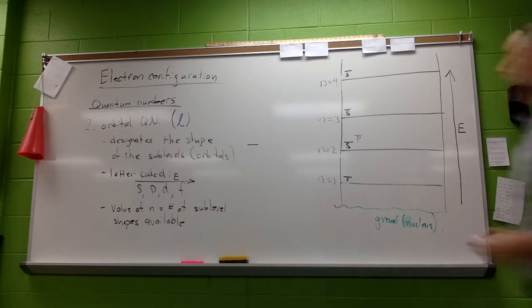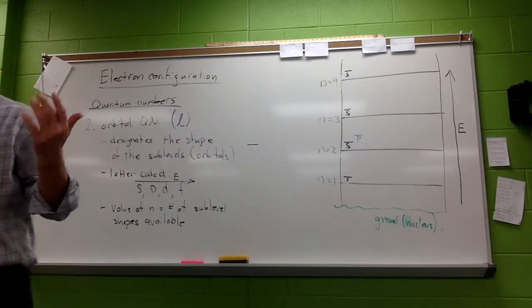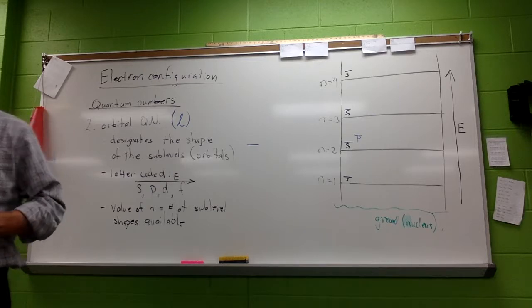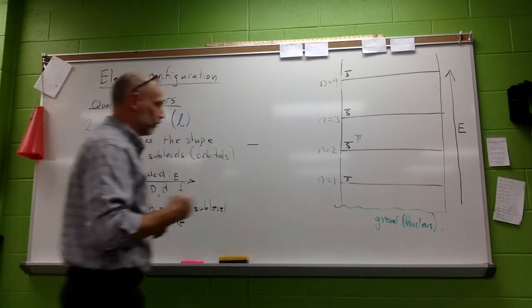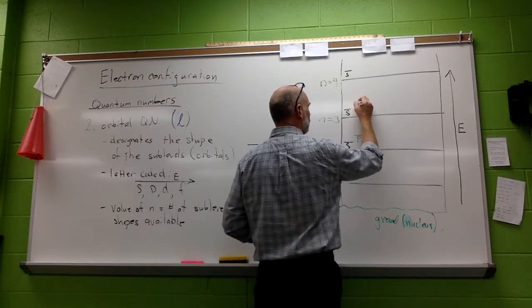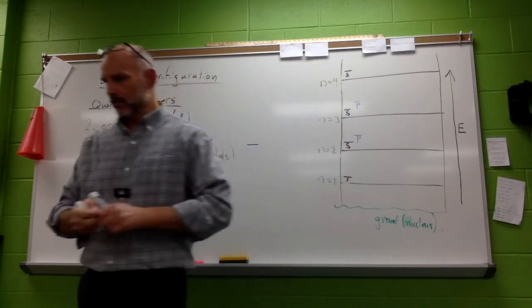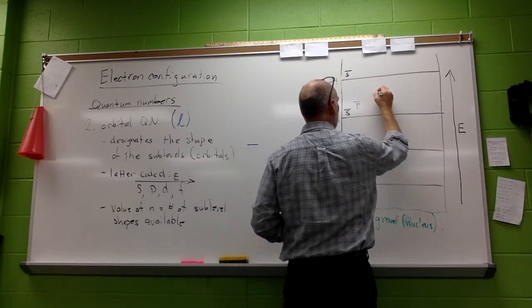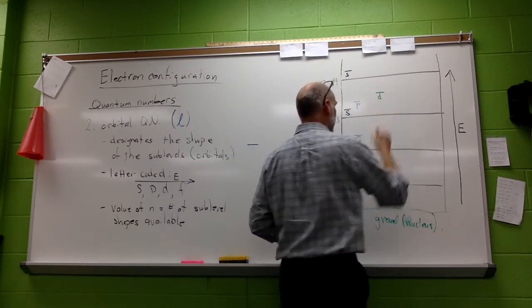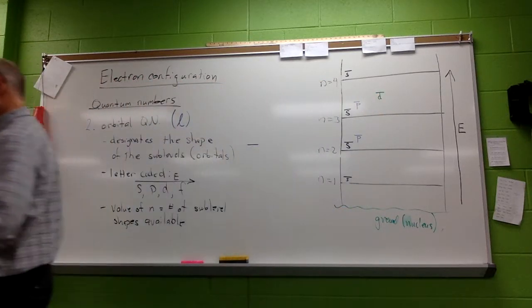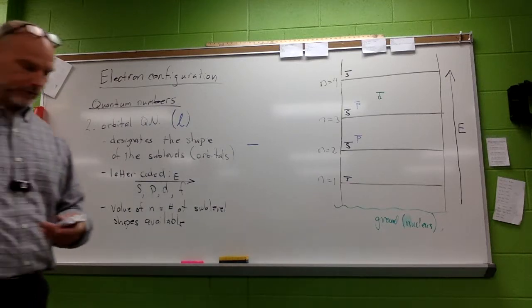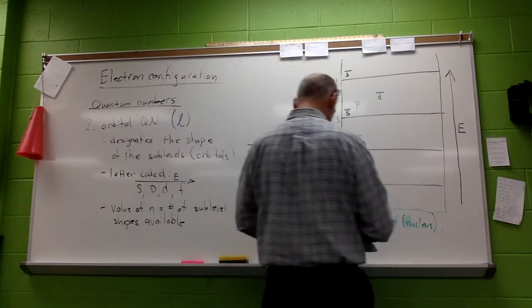Okay. At the third energy level, how many different shapes? Again, don't get ahead of yourself. We're going to have 3 different shapes. So we're going to put a P here, and then go up a little bit and over and put D. And then at the 4th energy level, we're going to have 4 different shapes.